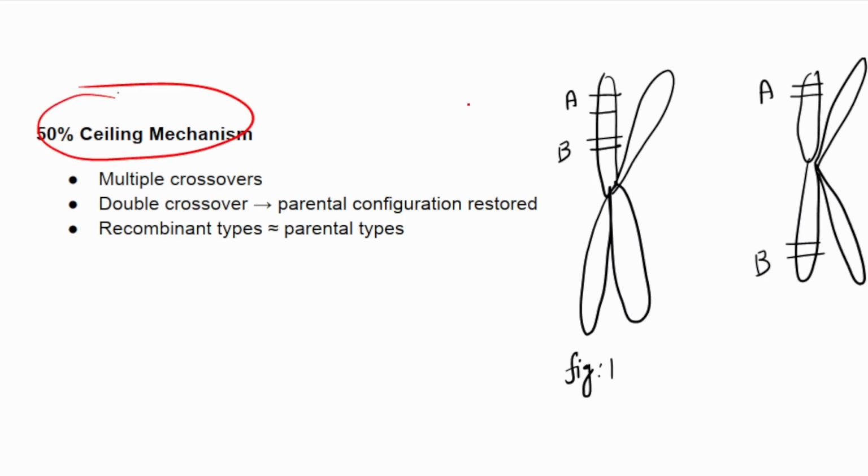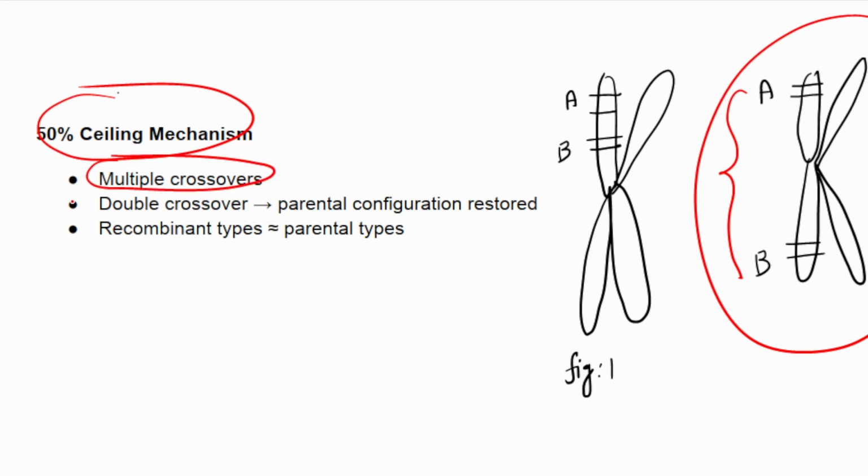When genes are far apart, which you can see in this image, the distance is very high, and multiple crossovers can occur between them. A double crossover means that two DNA exchanges happen in the same region, and the second exchange can restore the original parental arrangement of genes. That means the second event reverses the effect of the first event.